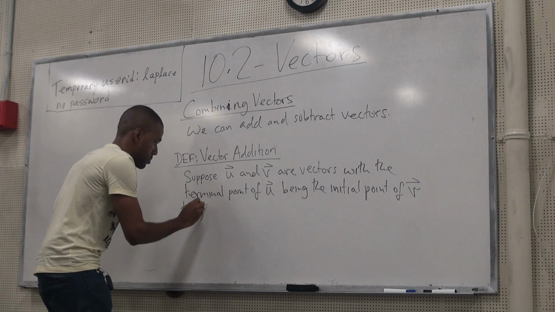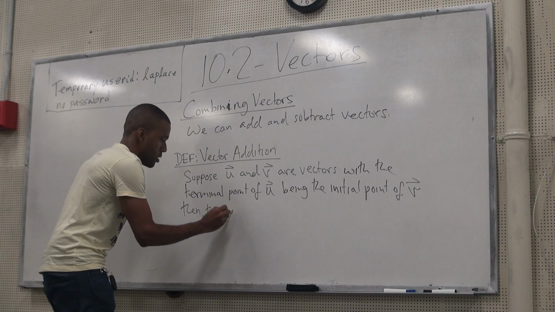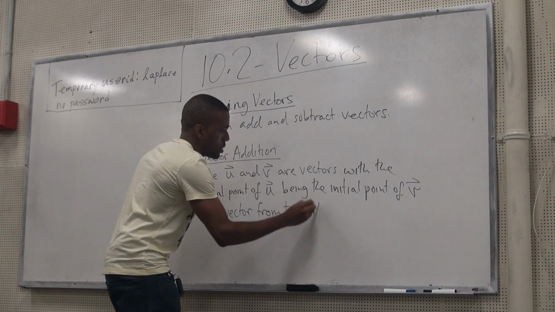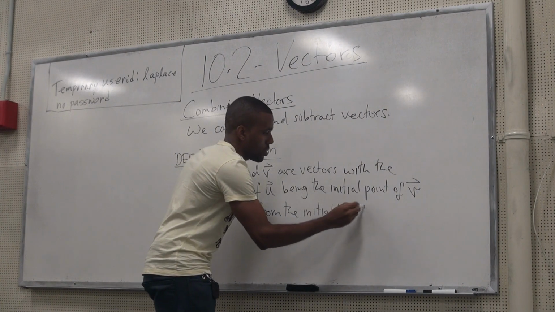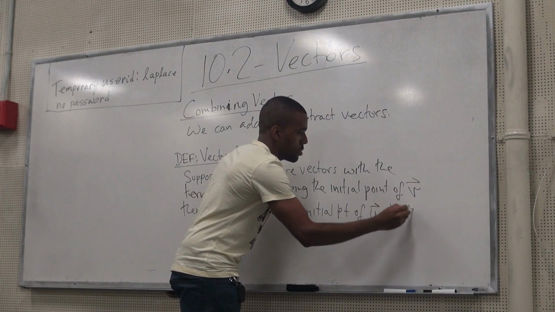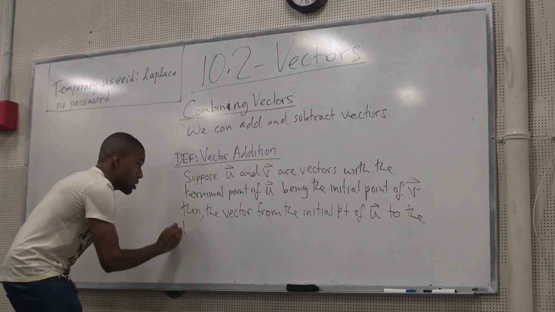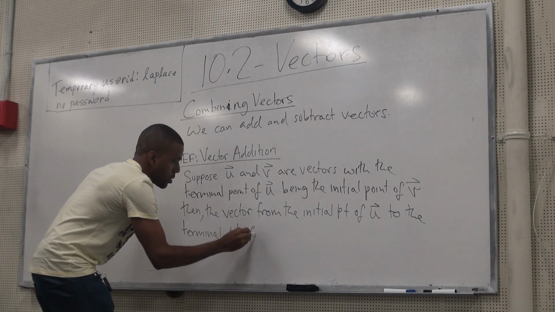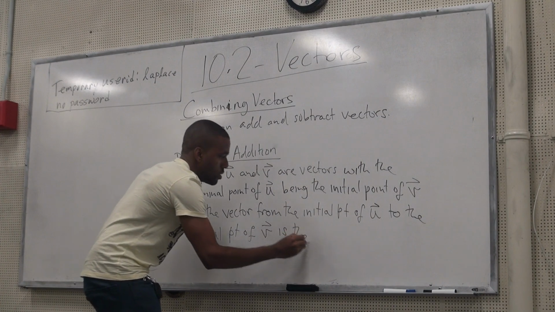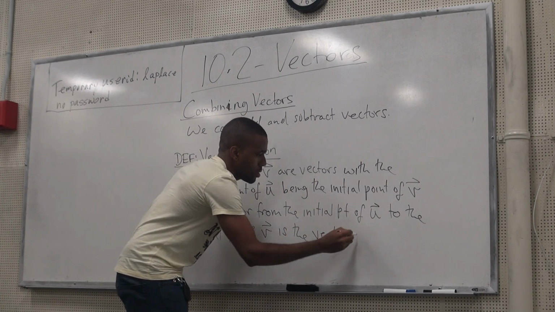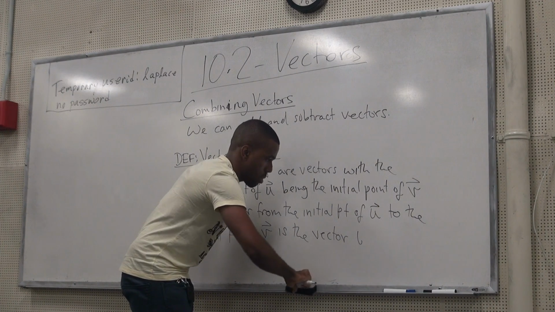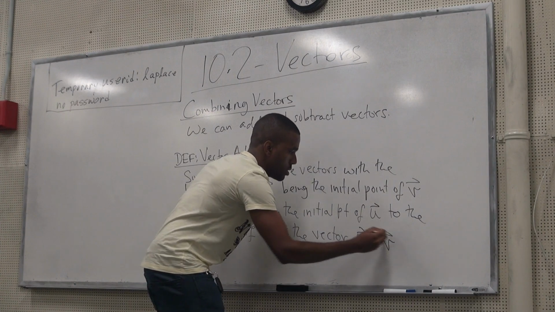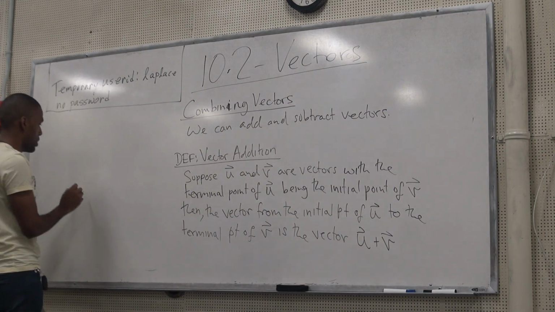Then the vector from the initial point of u to the terminal point of v is the vector u plus v. So, illustration.